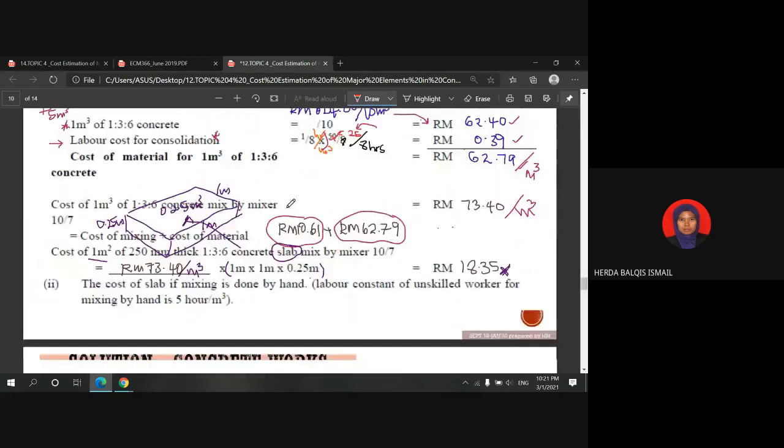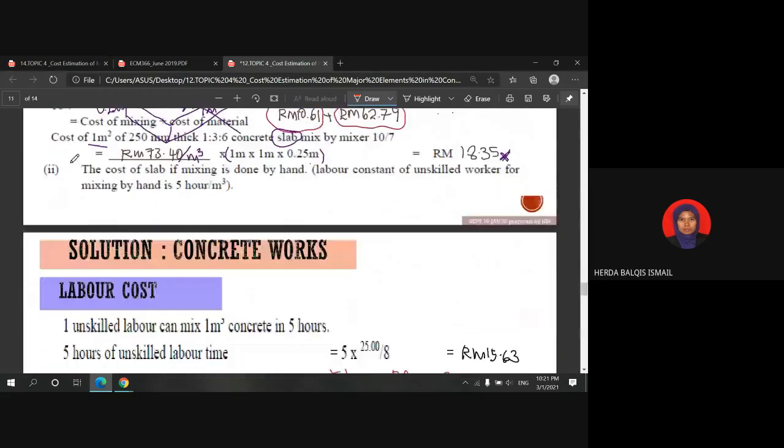The information given is that the labor constant of an unskilled worker for mixing by hand is 5 hours per cubic meter.